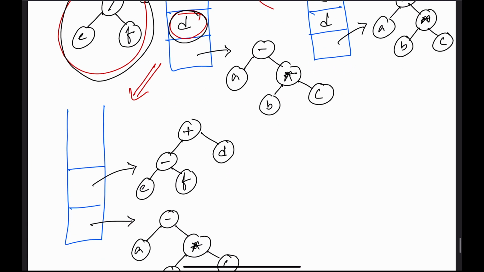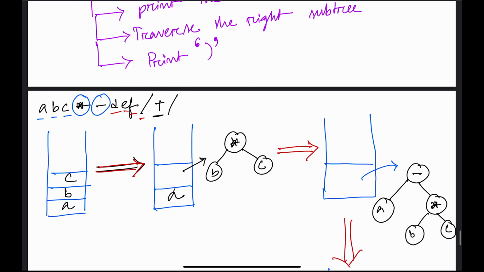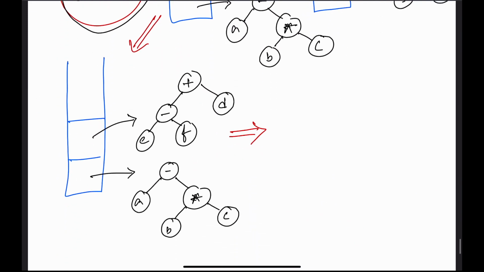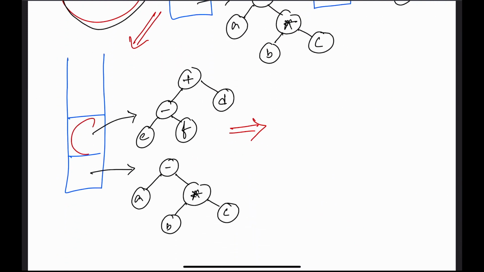Correct? Now there is a divide sign remaining. So obviously this element and this element would be involved. Clear?